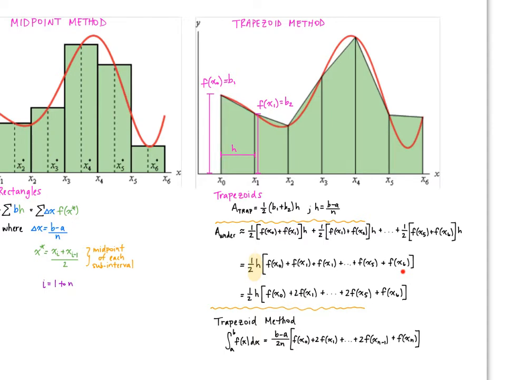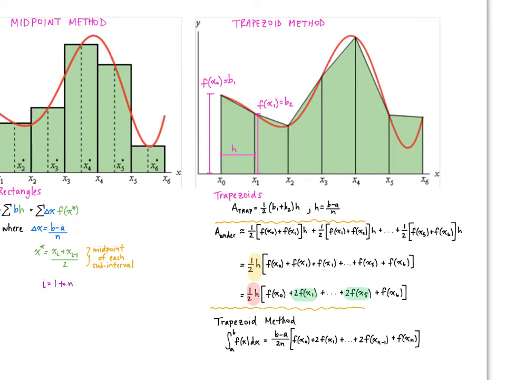So again, we still have our 1/2 h in front, and then two of all of the interior bases, and one f of x0, the first value of our interval, and one f of x6, the last value of that interval.